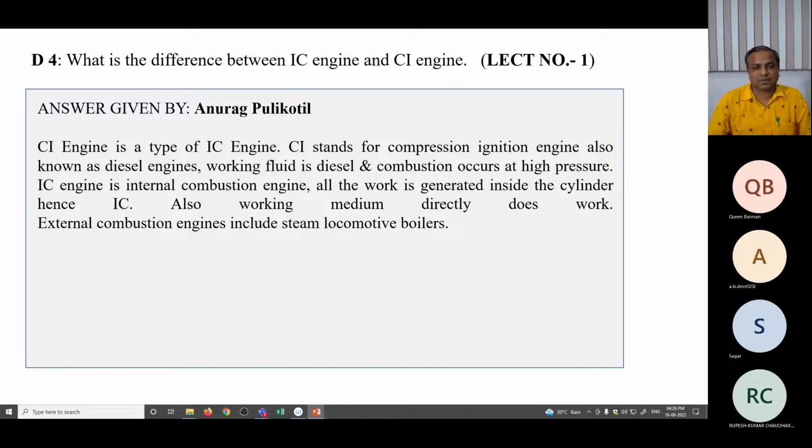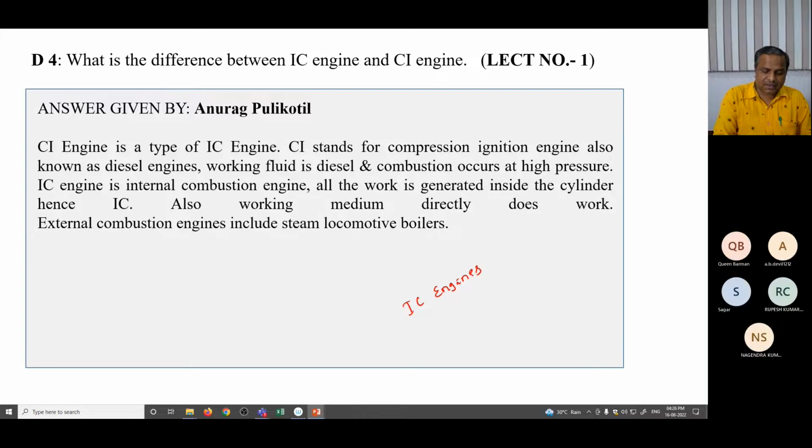It is divided into 2 types, and more details we'll find in module number 3, which will commence in another week. So we have CI engines and SI engines. CI stands for compression ignition and SI stands for spark ignition.